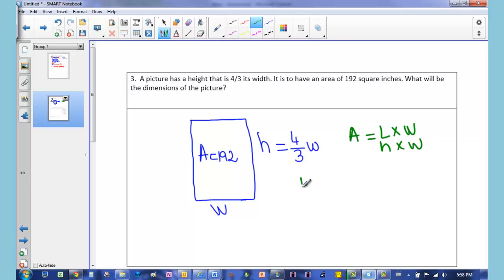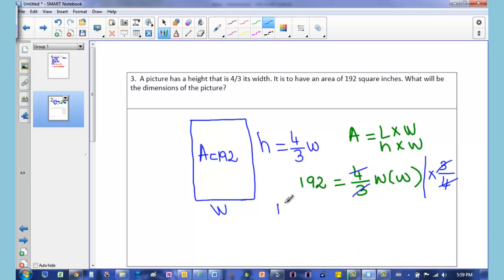Well, the area we know is 192, and the height is 4/3 W times W. Sometimes having fractions does not help us very much. So I'm going to try and remove this fraction on the right hand side. How do I do that? By multiplying the entire equation with its reciprocal to reduce the terms.